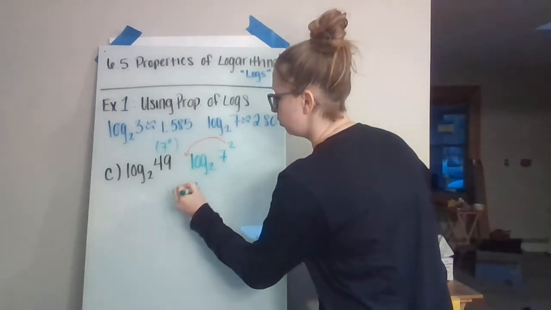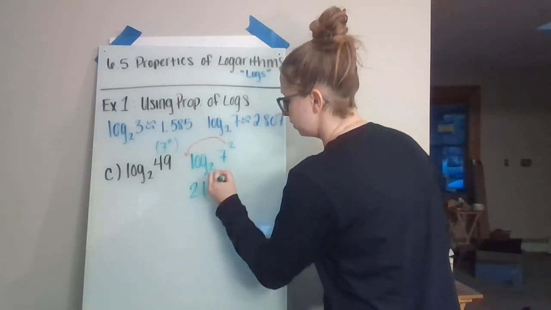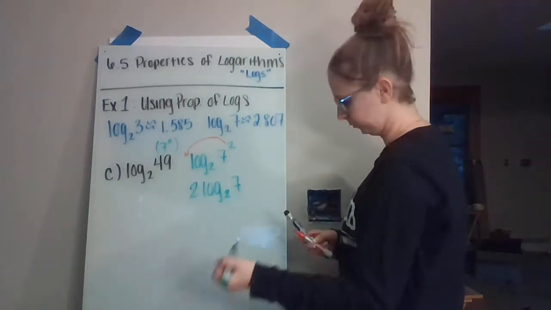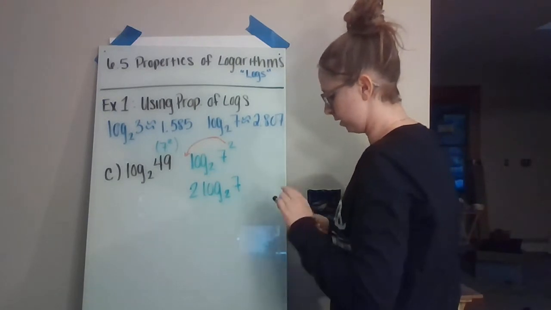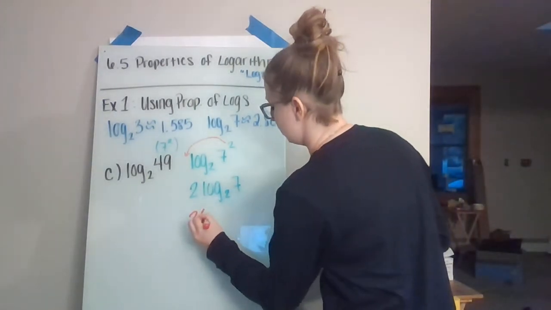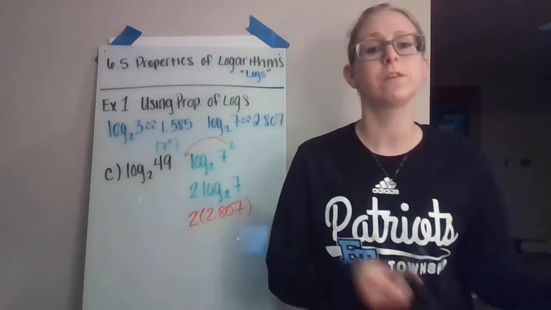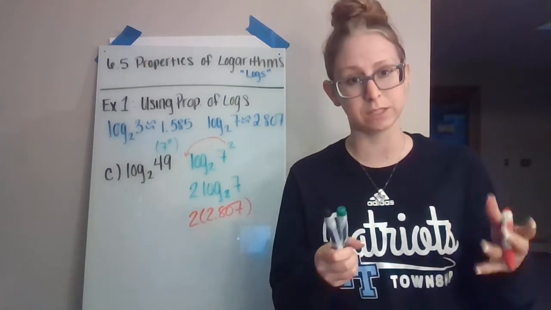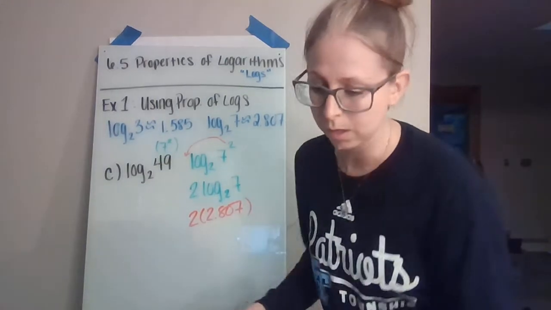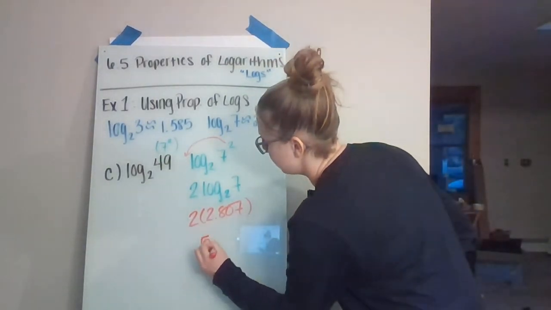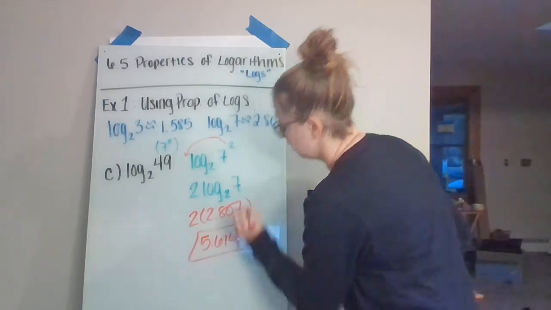So I have 2 times log base 2 of 7. Well, all I have to do is plug that guy in. So 2 times 2.807, which again, if you had 2.807 plus 2.807, if I did the 7 times 7 from the beginning, it would get the same thing. That would give me 5.614.